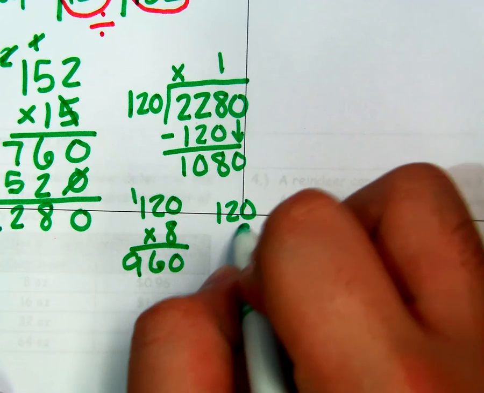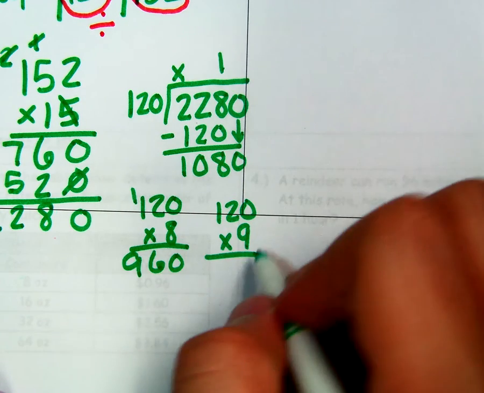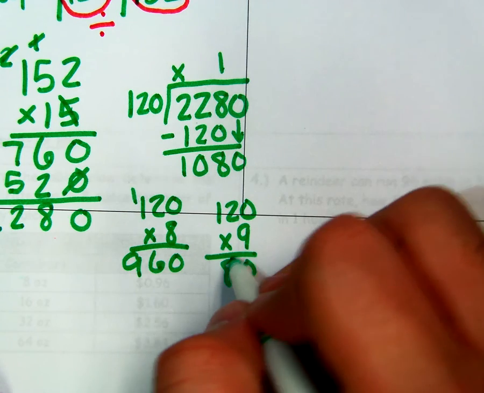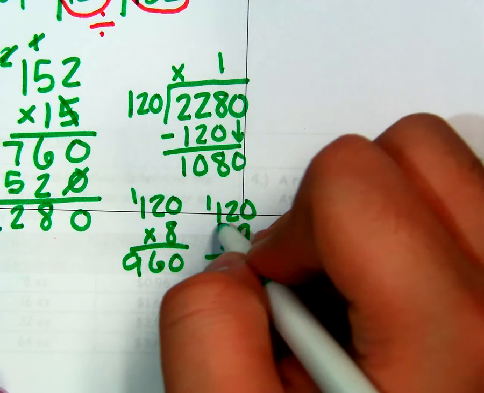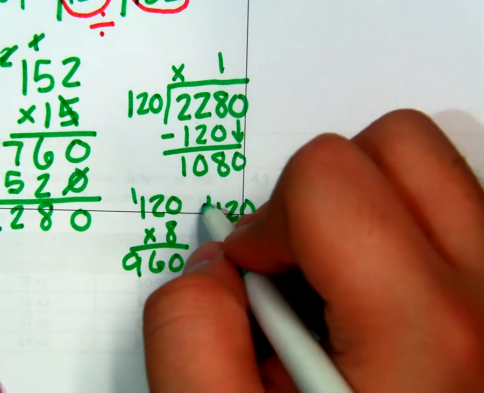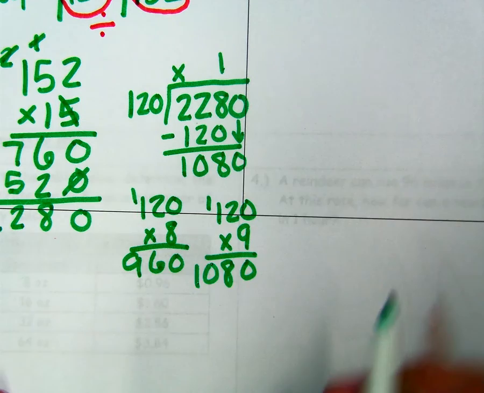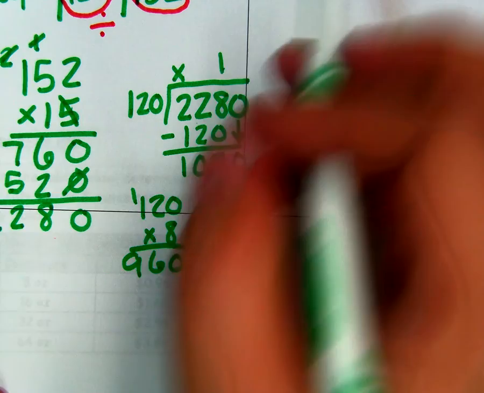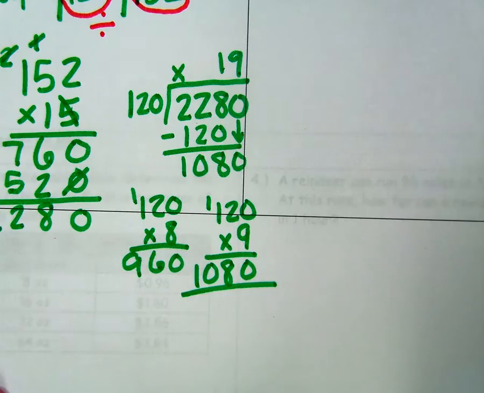So we'll do 120 times 9. 9 times 0 is 0. 9 times 2 is 18. And then 9 times 1 is 9, plus 1 is 10. So there's my 1080 that I need. So we know that 120 goes into 1080 9 times.